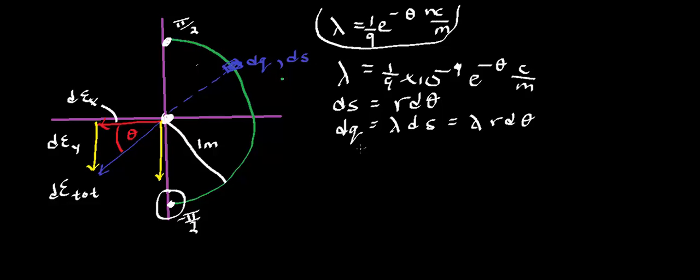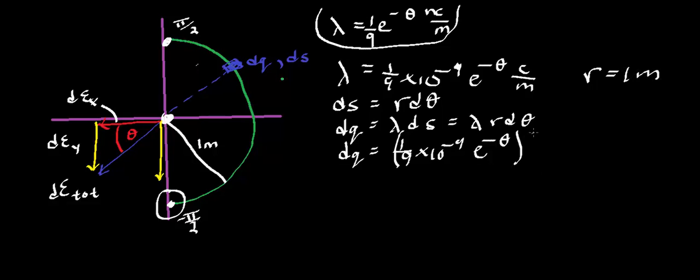So if I want an expression for dq, lambda is 1/9 times 10 to the minus 9th e to the negative theta, and then I multiply that times r. I'm going to assume that the radius is 1 meter, so that's multiplied by 1 times d theta.